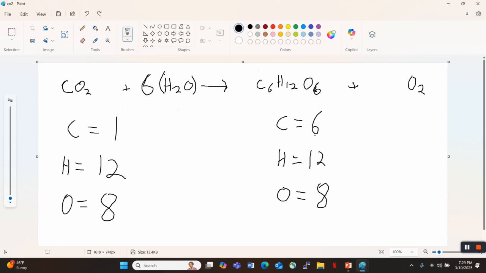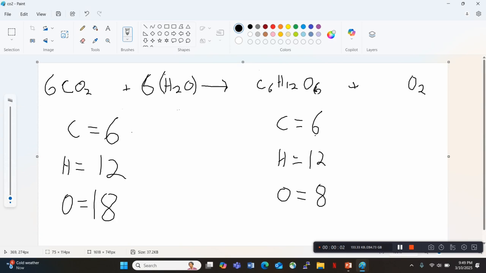So if we multiply CO2 by a coefficient of 6, then we'll go from having one carbon atom on the left-hand side of our equation to 6. And rather than having 8 oxygen atoms, we are going to wind up having 18.